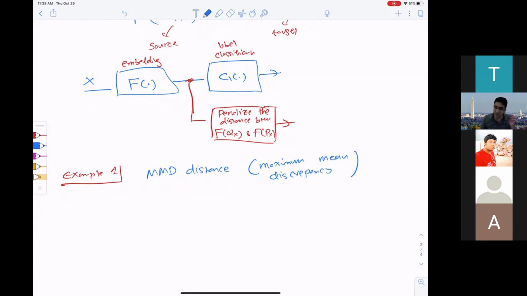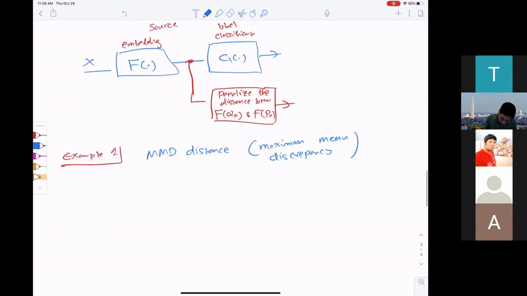All right, so let me define this distance because it is useful not only in domain adaptation but in many other problems. For example, in GANs and other problems, MMD distance is a popular distance measure. So let's define f of x, for simplicity, as xi tilde, just to not carry the notation f here.